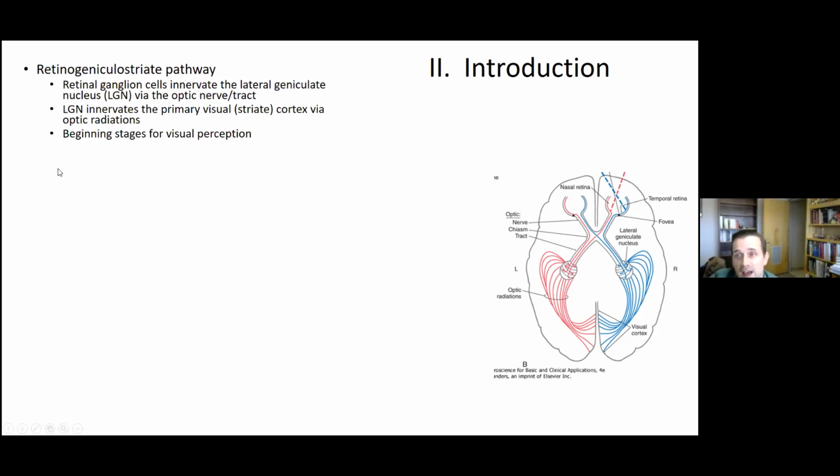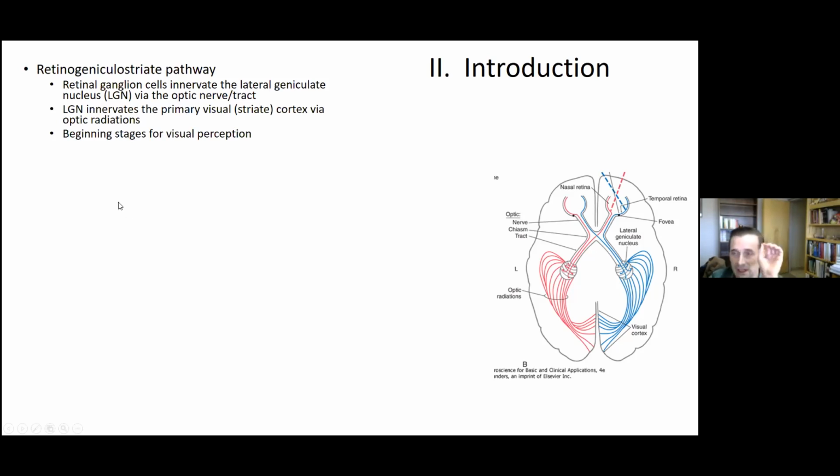Now, from the lateral geniculate nucleus, fibers will project. These are axons extending from those cell bodies in the lateral geniculate nucleus, and they will synapse on cells in the primary visual or striate cortex.